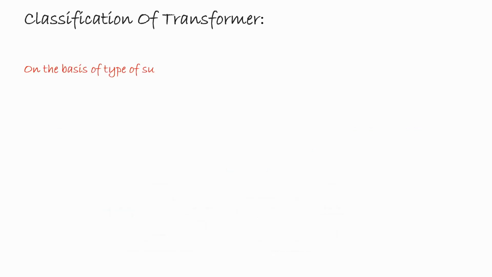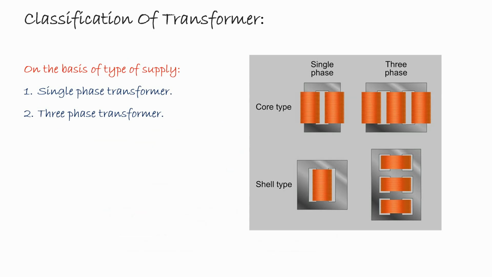The transformer can again be divided depending upon the type of supply. It may be either a single phase transformer or a three phase transformer. Here is the structure of the single phase and three phase transformer for both core type as well as shell type.